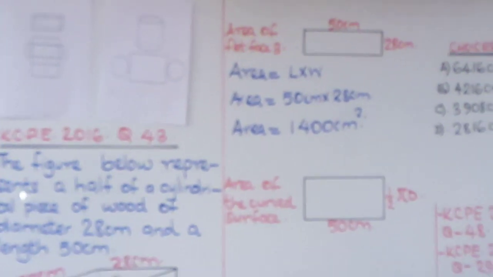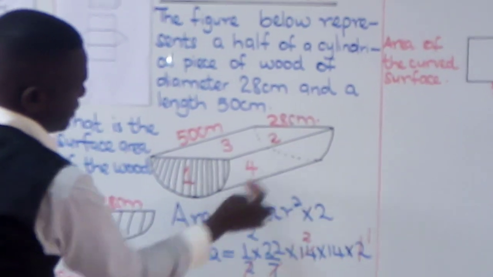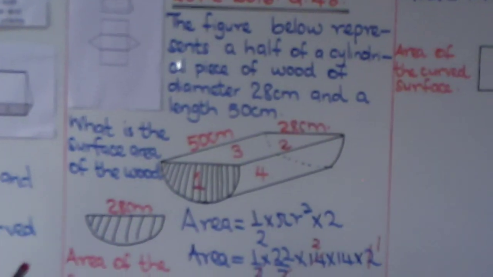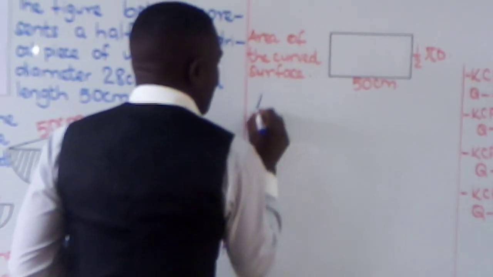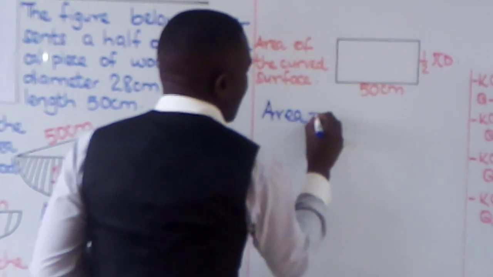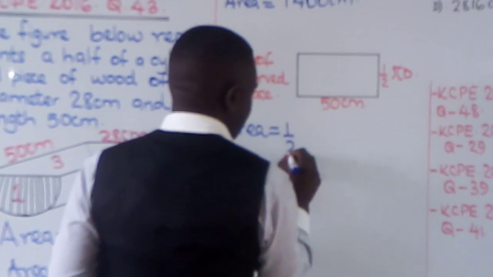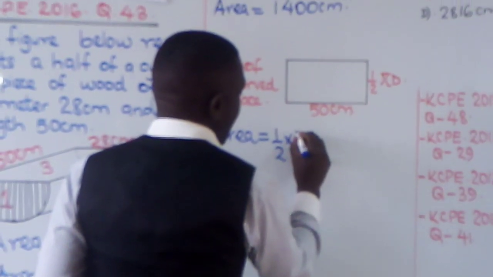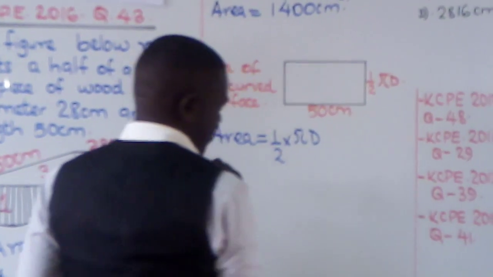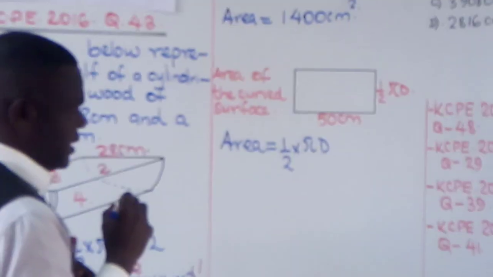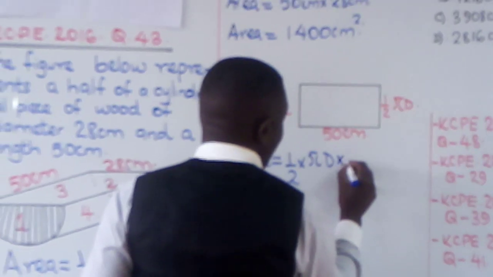Now we come to the area of the curved face, face number 4. Remember, it's curved. And so the formula for curved surface area, and these are half, is a half multiplied by pi times diameter, then we multiply by the height.